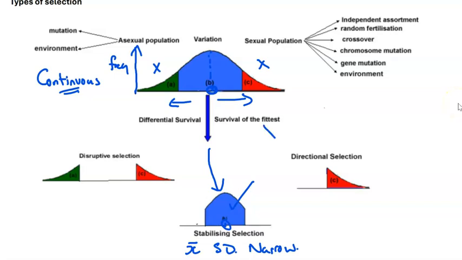If we go down in this direction, an alternative type of selection is what is known as directional selection. And this is very much the case where we have a disruption of environmental conditions.